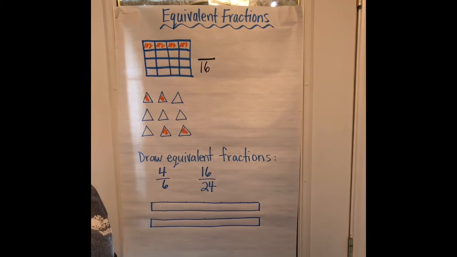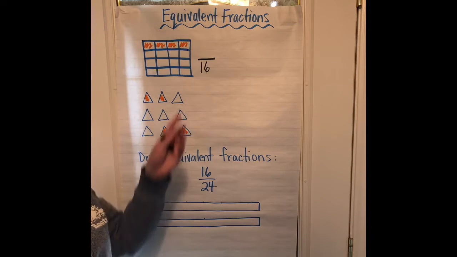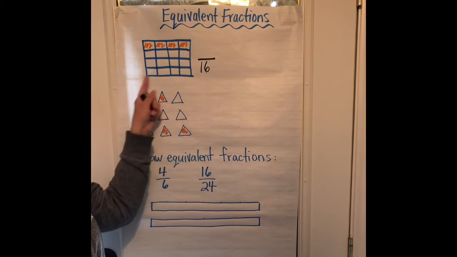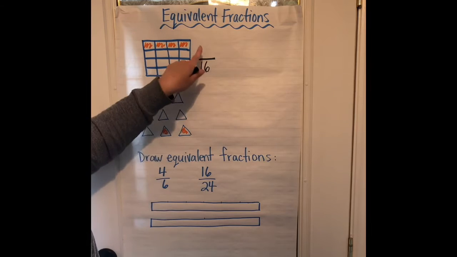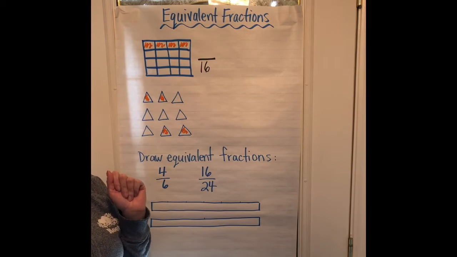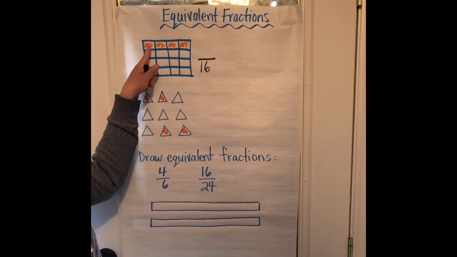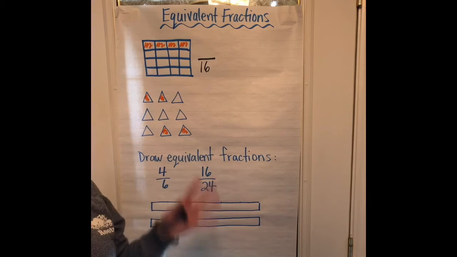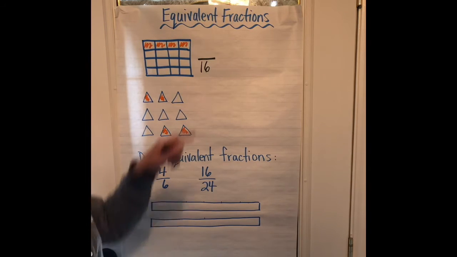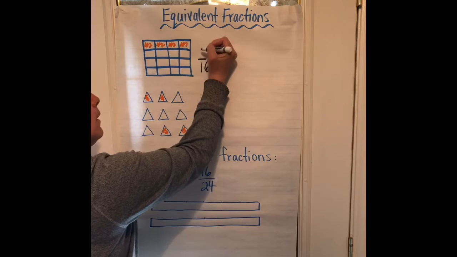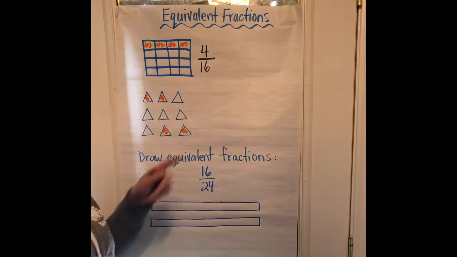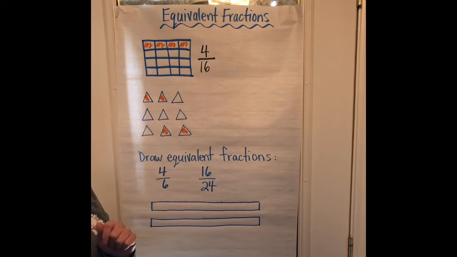Our denominator, the bottom number in the fraction, always represents the number of parts that we have. The numerator, which is the top part of the fraction, represents how many of our whole is shaded in.